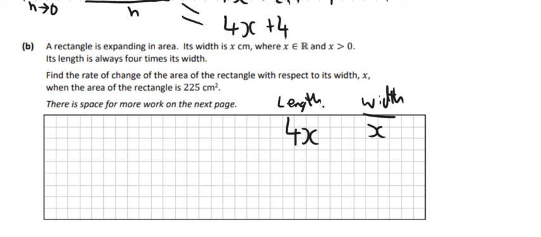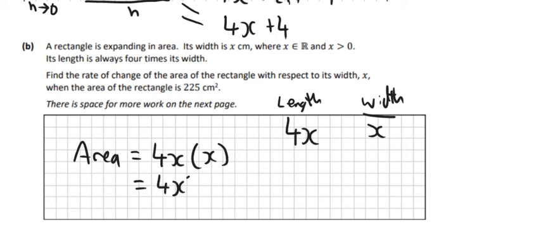So if the length is 4x and the width is just x, then the area has to be 4x multiplied by x. So 4x multiplied by x is 4x squared. Right, so we need to find the rate of change of the area of the rectangle with respect to its width x when the area of the rectangle is 225.